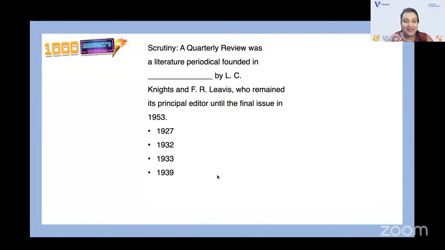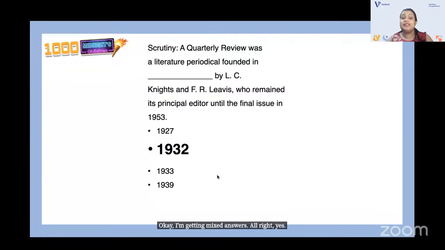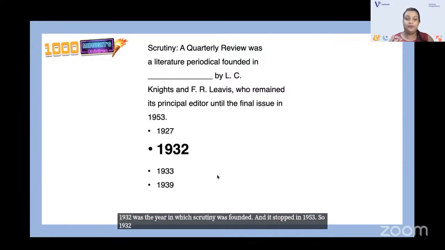Okay, I'm getting mixed answers. All right, yes. 1932 was the year in which Scrutiny was founded, and it stopped in 1953. So 1932 to 53, that was the timeline of Scrutiny.